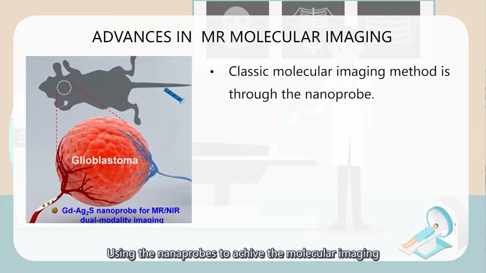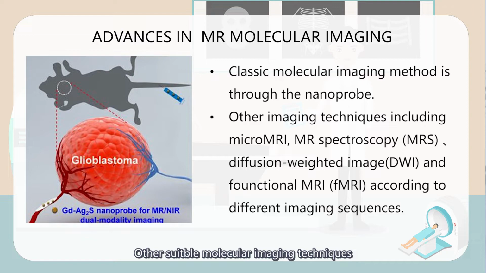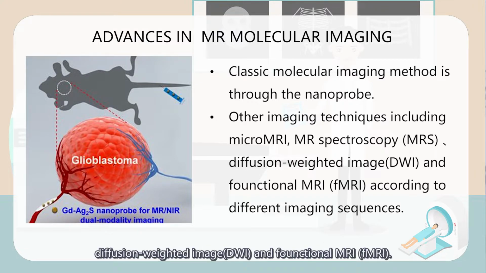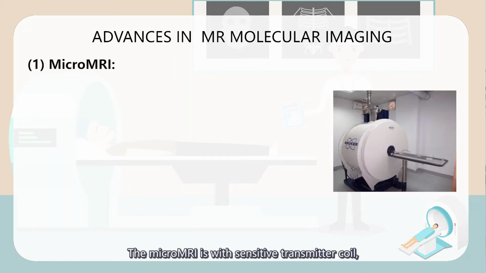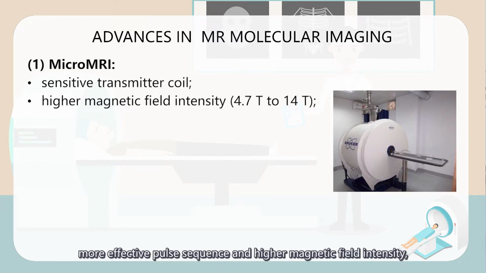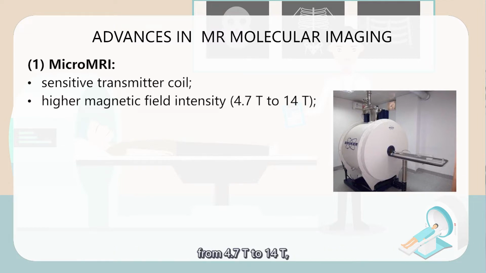Using nanoprobes to achieve molecular imaging is the classic imaging method. Other suitable molecular imaging techniques we use today include micro MRI and some different imaging sequences, consisting of MR spectroscopy, MRS, diffusion weighted imaging, and functional MR. Micro MRI has high sensitivity, transmit coils, more effective pulse sequences, and higher magnetic field intensity from 4.7 Tesla to 14 Tesla.